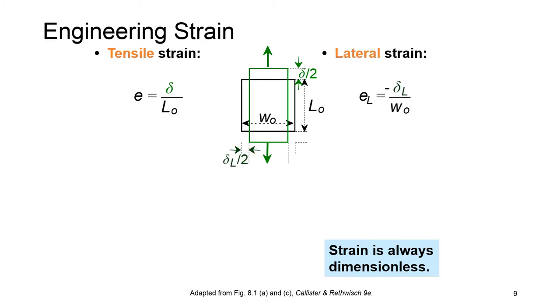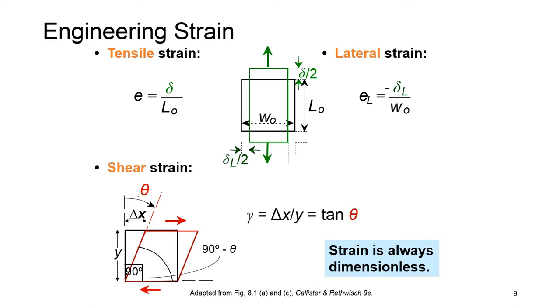For the lateral strain, of course, we have shrinkage in the lateral part, therefore we can write down the value of strain equal to the amount of change or shrinkage in the lateral part divided by the initial width. Of course, because these two have negative marks, in order to make it positive we add a negative sign here.